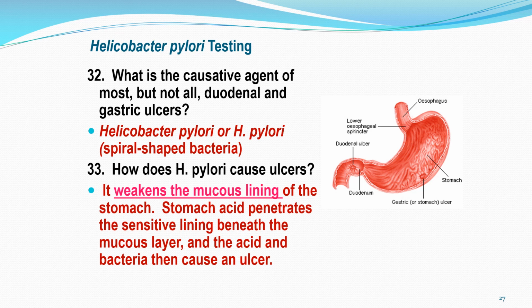This spiral-shaped bacteria, H. pylori, weakens the mucus lining of your stomach. Then because that mucus lining, which protects the inside of your stomach, is weakened, the stomach acid is able to penetrate the sensitive lining beneath the mucus layer, and the acid and the bacteria then cause an ulcer.